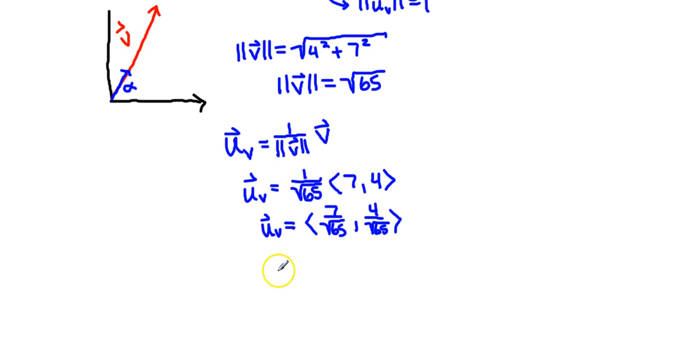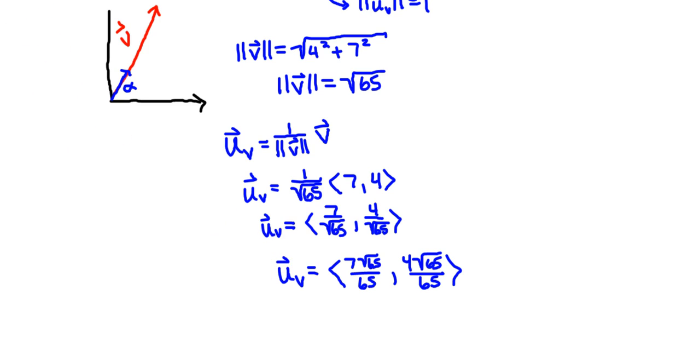And we should probably rationalize this, so let's go ahead and do that. The unit vector in the same direction as v is going to look like this: 7 root 65 over 65, comma 4 times root 65 over 65. So you can check for yourself. This is kind of a nasty Pythagorean theorem to check, but this unit vector will have a magnitude of 1.